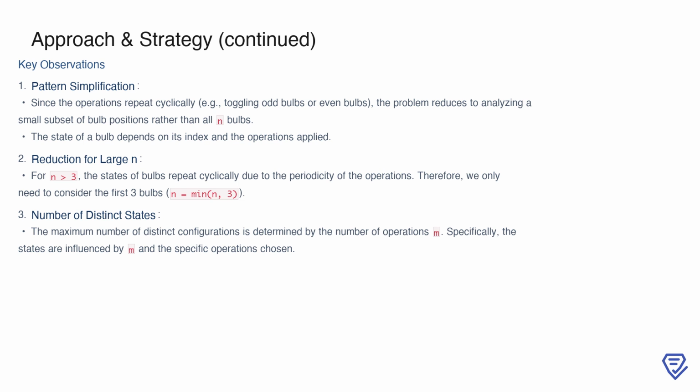As a result, we can simplify our calculations by limiting the scope to the first 3 bulbs, effectively setting n equals min(n, 3). Furthermore, the number of distinct configurations depends heavily on the number of operations, m, and the specific operations performed. This relationship between n, m, and the operations is critical to solving the problem efficiently.